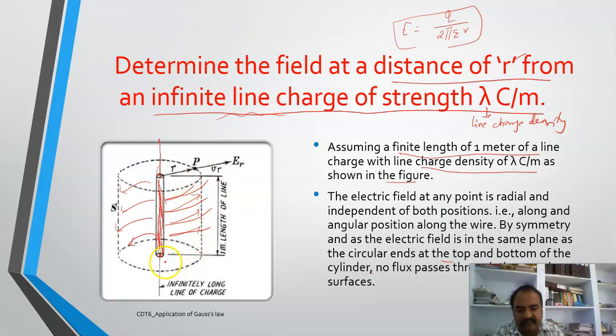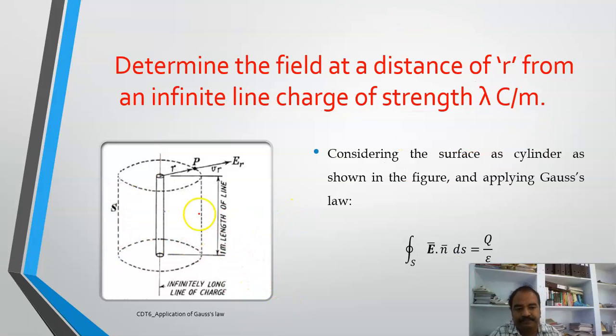If I consider this as a cylinder, the flux will be moving out through the lateral surface only, not the top and bottom of the cylinder. So, what is the total area through which the flux is going? It is the lateral surface area of the cylinder.